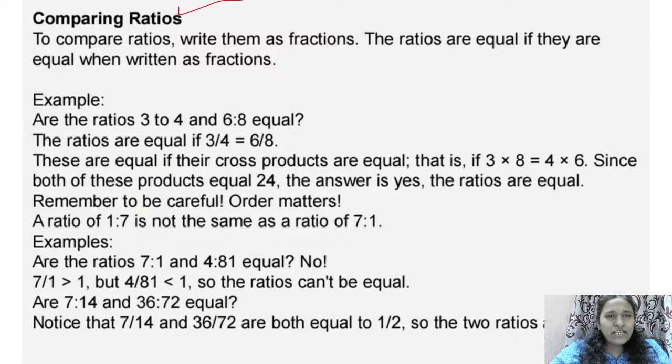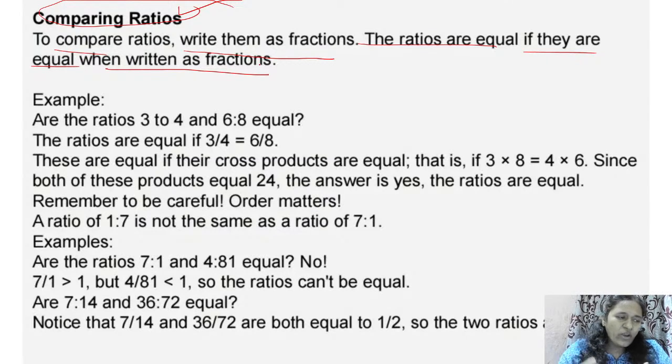Next, comparing ratios. How can we compare ratios, we will see. To compare ratios, write them as fractions. Suppose we want to compare any two ratios, we have to write them as fractions, and then we compare. The ratios are equal if they are equal when written as fractions.